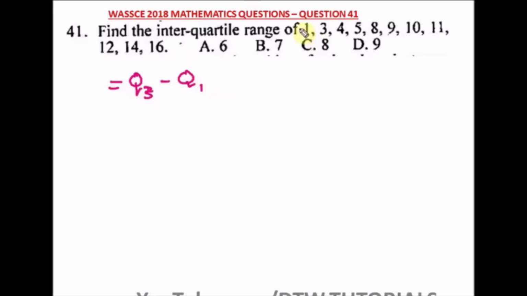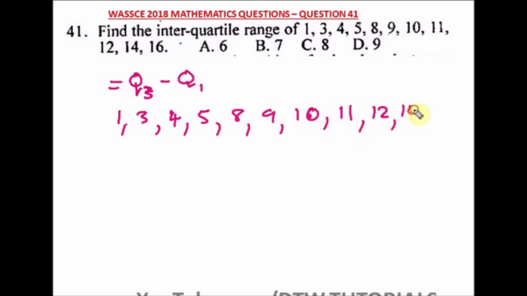The next thing you do when you are given a set of numbers is to arrange them in ascending order. I think the question has been arranged for us already. If it is not arranged in your question, please make sure you arrange them in ascending order. So we have here 1, 3, 4, 5, 8, 9, 10, 11, 12, 14, and 16.